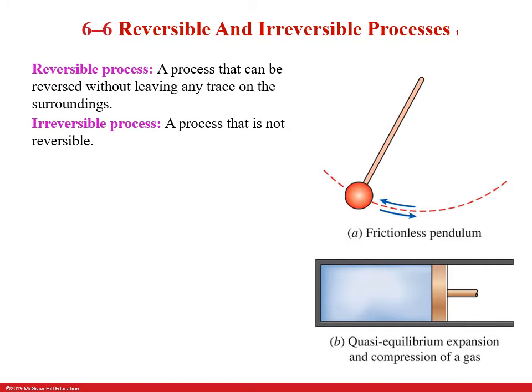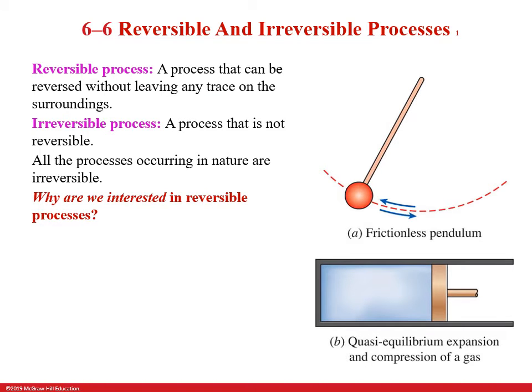An irreversible process is a process that is not reversible, right? So it results in some change that's irreversible to the environment or to the system. And basically every process that occurs in nature is irreversible. So why the heck would we want to even look at reversible processes?